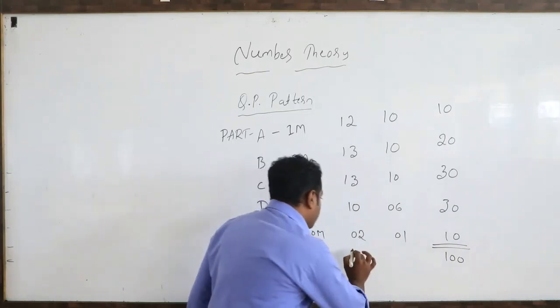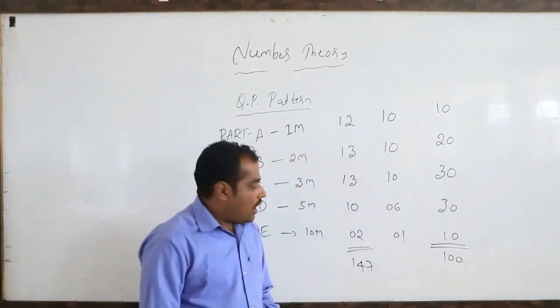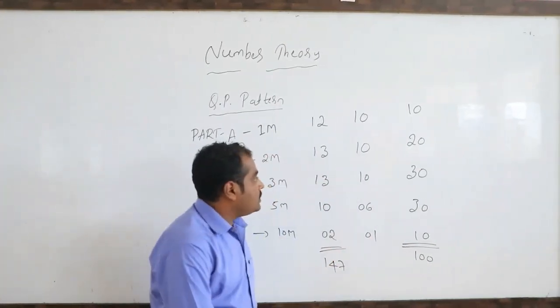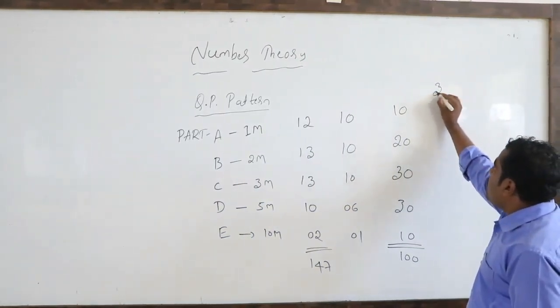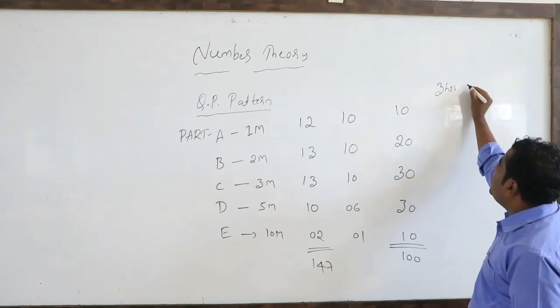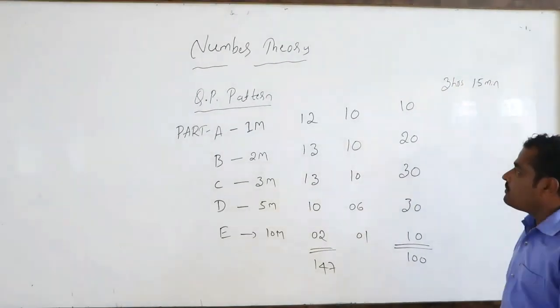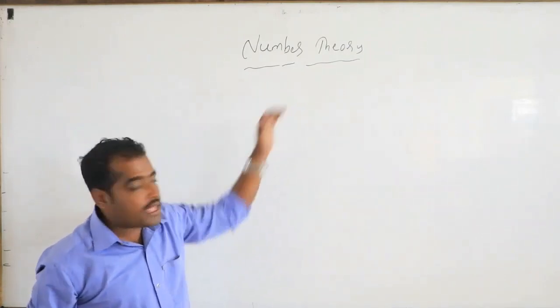If you calculate the total questions, it is 147. Out of 147, we have to attempt 100. That question paper has 3 hours 15 minutes.